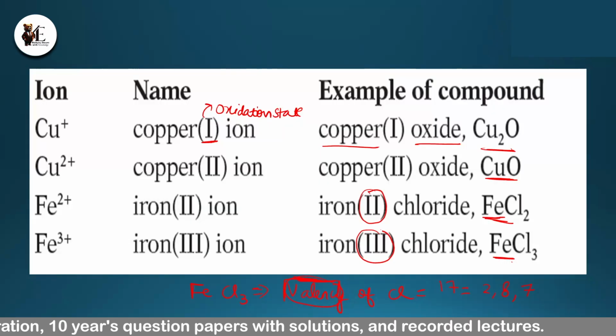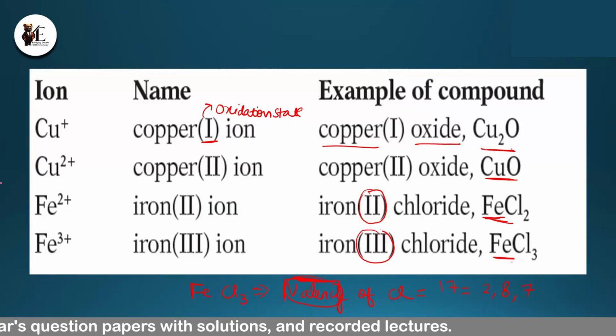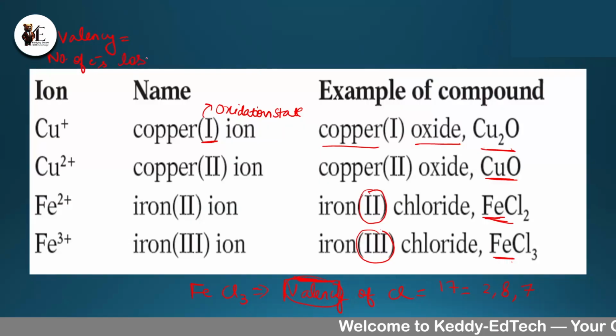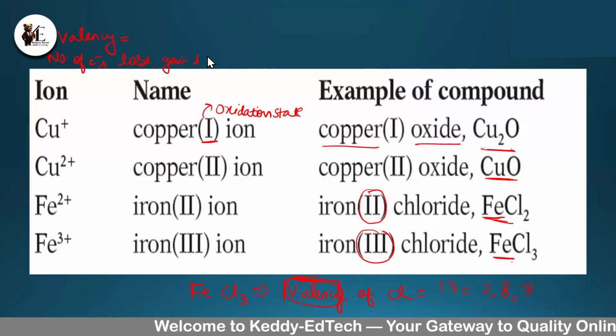It's the combining power of an element. This is the definition on Google: combining capacity of an element. But I told you that valency is the number of electrons lost in the outer shell. No, you can say the number of electrons lost, gained, or shared, not in the outermost shell.